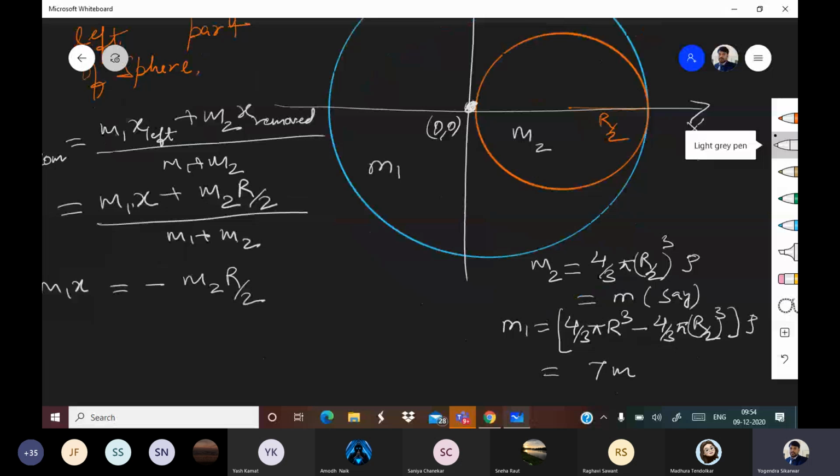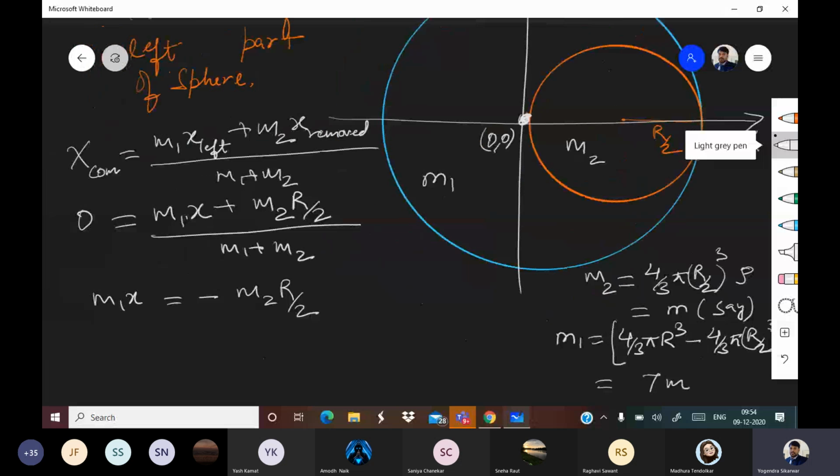Okay. So now let us put these values. So m1 is 7m into x is equal to minus m2, which is m into r by 2. So this m gets cancelled. X comes out to be minus r by 16.